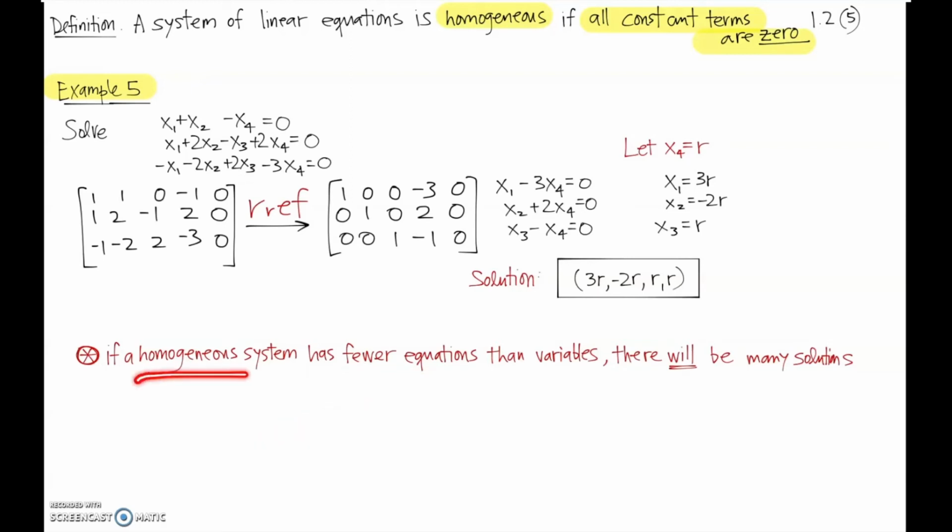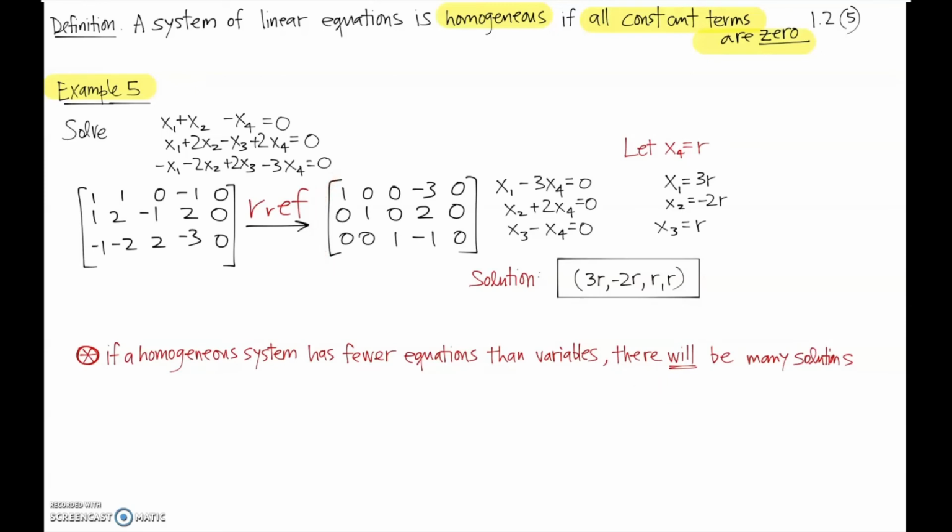But in a homogeneous system, you always have at least one solution to the set, and that is the zero vector. That will always work for a homogeneous system. So in a homogeneous system, you never have no solution. There's always at least one solution. And if there's at least one solution and you have fewer equations than variables, you're going to have a lot of solutions.